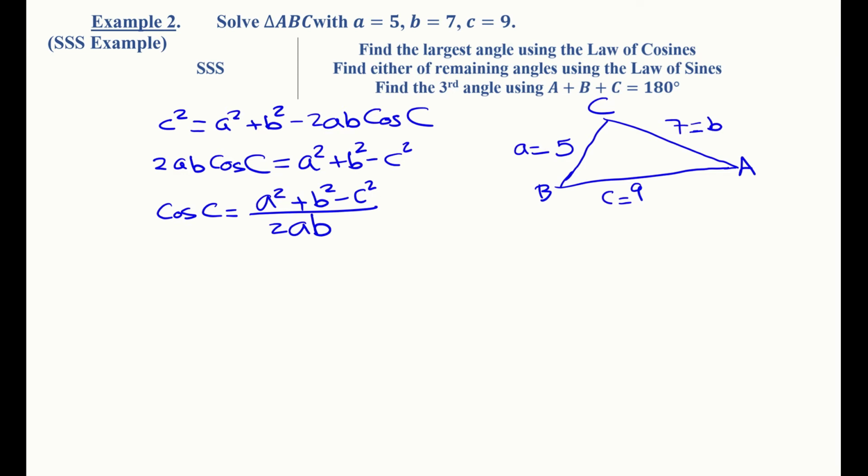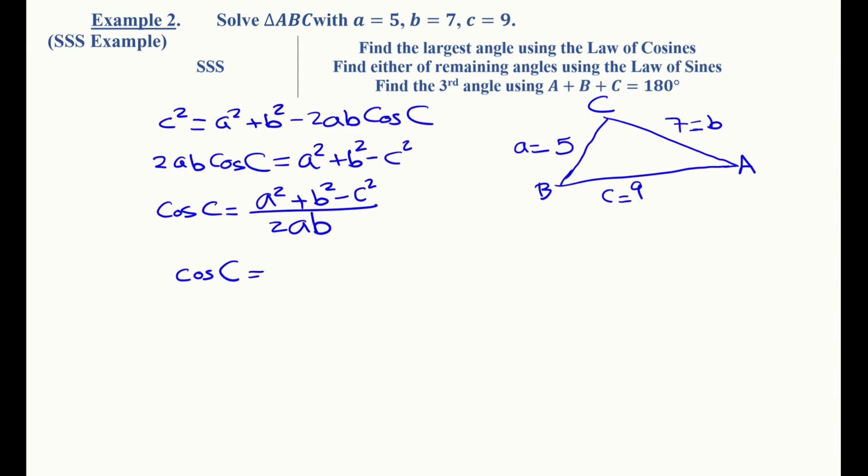So now we can plug in all the values that we have. From a mathematical point of view, this is preferred, doing it this way. All right, so we get cosine of C, of course, simply because of the practice that it provides. Otherwise, plugging in from the beginning can work too, and it's correct.